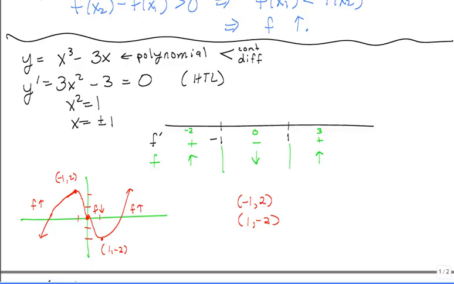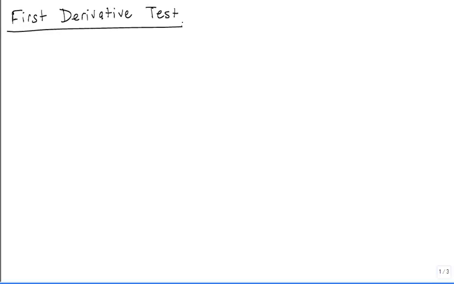Okay, so this tells us something. Let's formalize this, and let's call this the first derivative test. In the first derivative test, we'll say C is a critical point, or critical number.